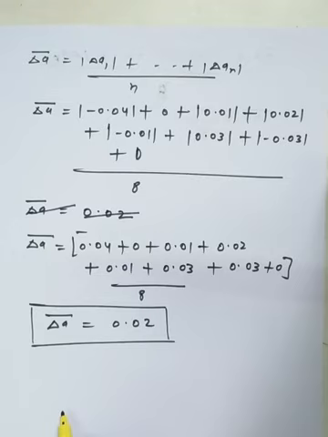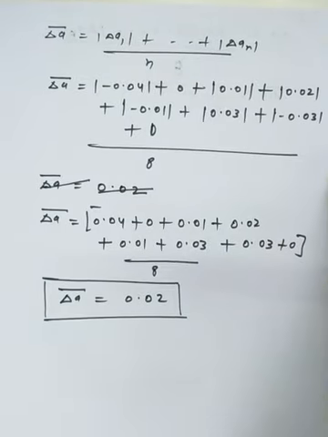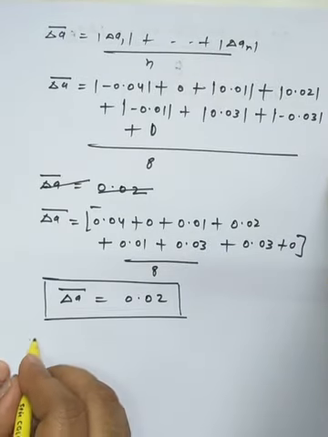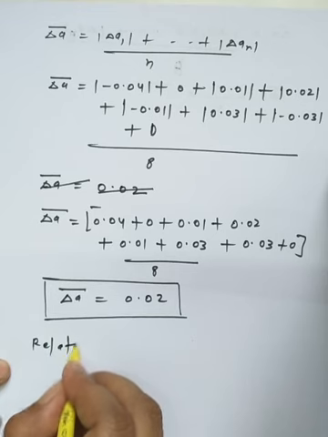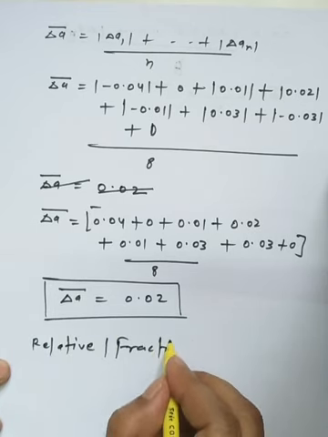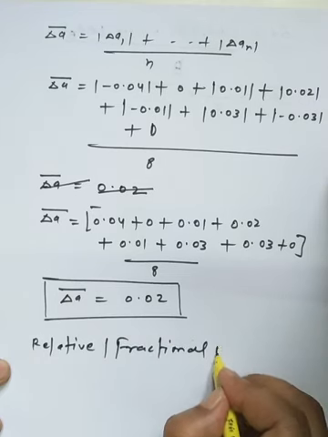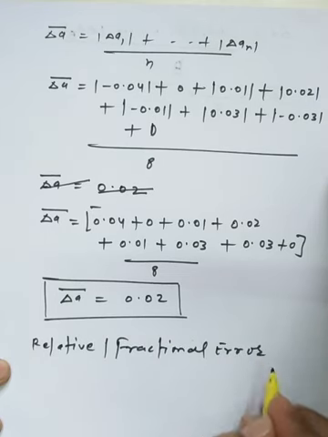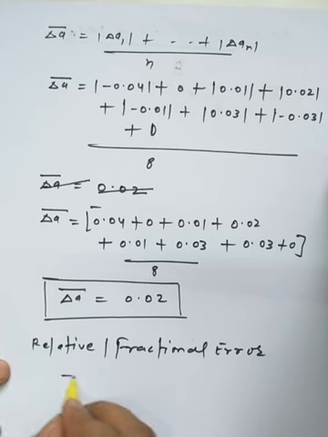Clear? Now the next target is to find the relative error or the fractional error. It is a simple numerical part. The relative error is the ratio of the mean absolute error to the arithmetic mean.